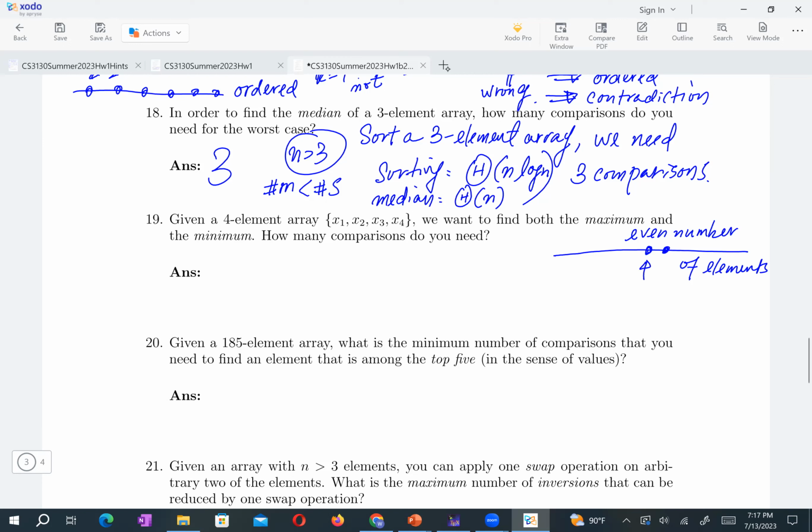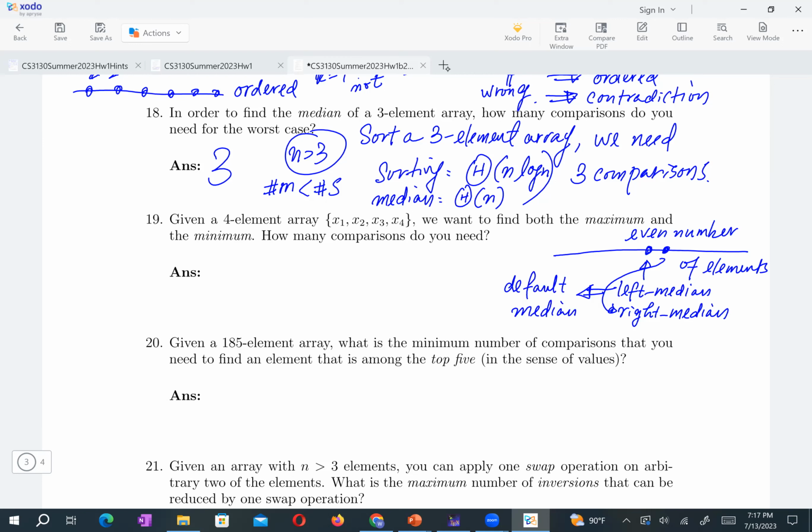The one at the left, we call the left median. The one at the right, we call the right median. But the left median is the default median. So that's our assumption.